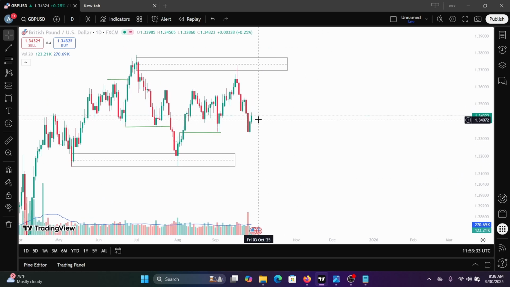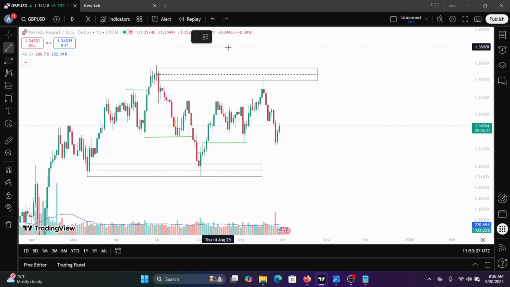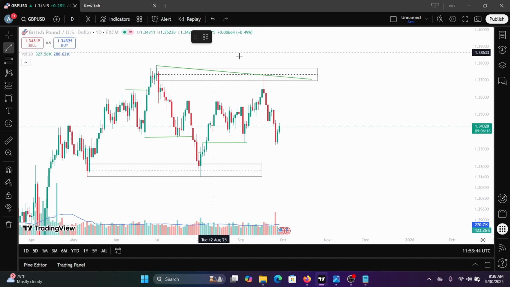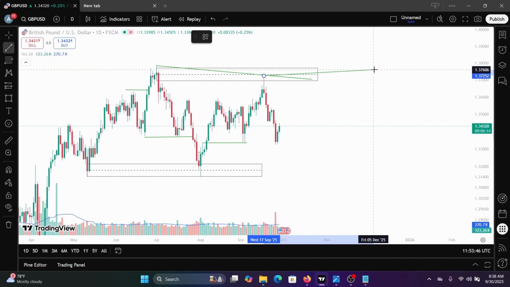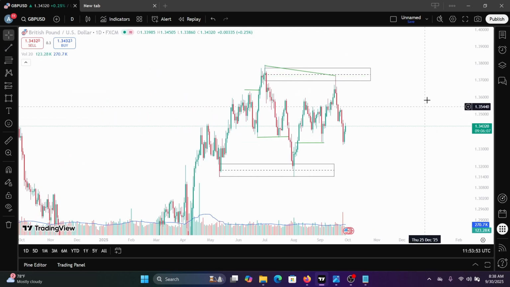Now what I'm expecting is the market to range for a while, right? But there are also some conditions that I like. If this liquidity is taken out, if the price comes to take this sort of liquidity, then I'm changing my strategy, of course.